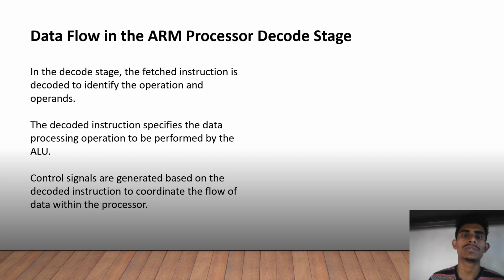Only the ALU will perform the operation, whether arithmetic or logical. Control signals are generated based on the decoded instructions. Based on the decoded instructions, the control signals are generated to coordinate the flow of data within the processor.